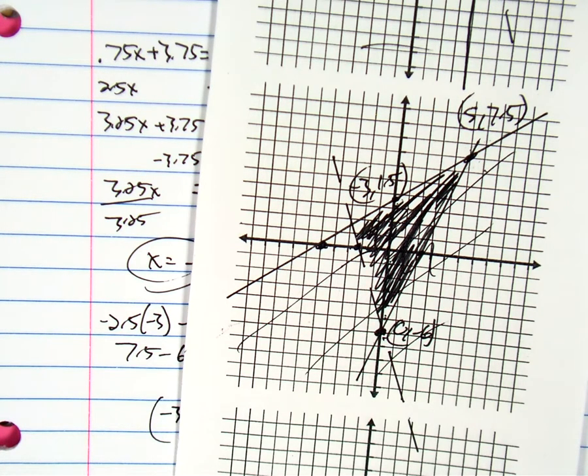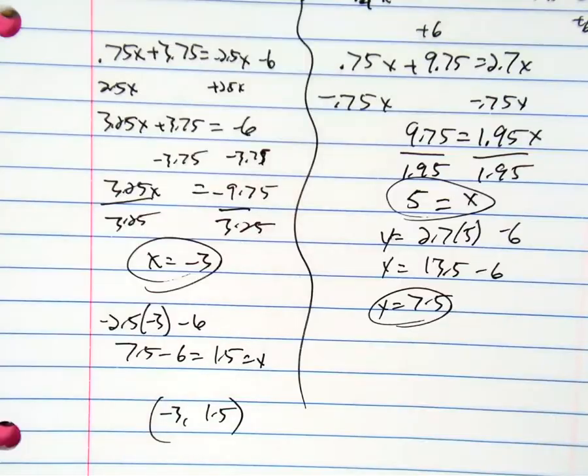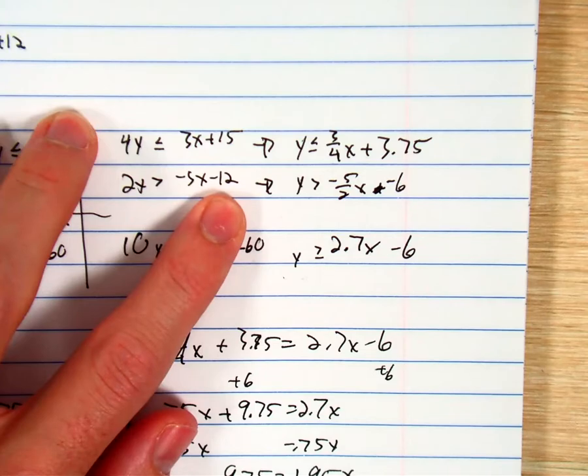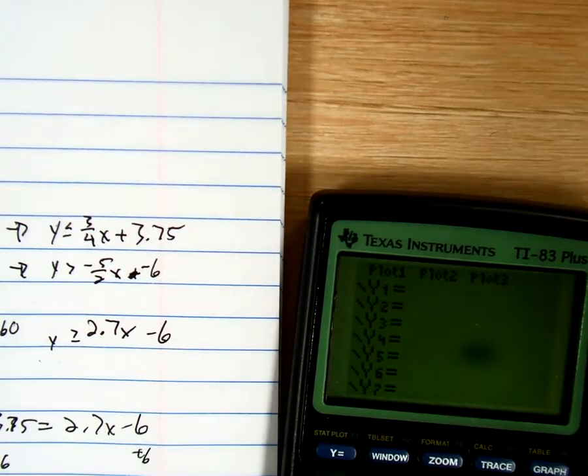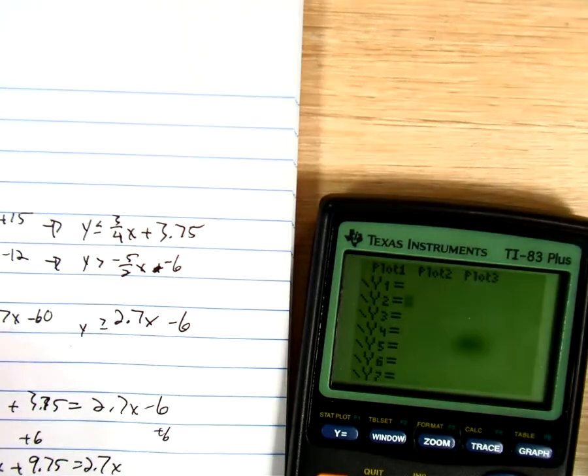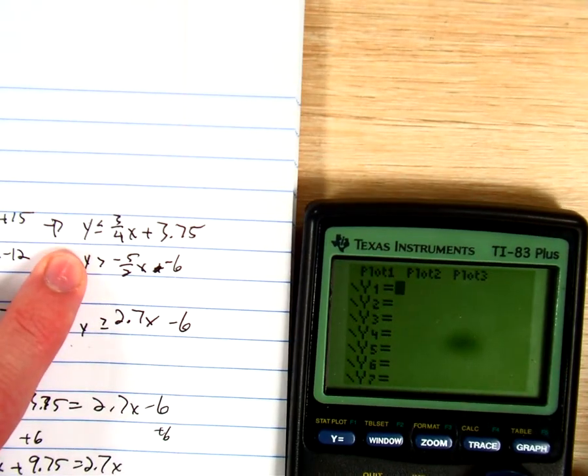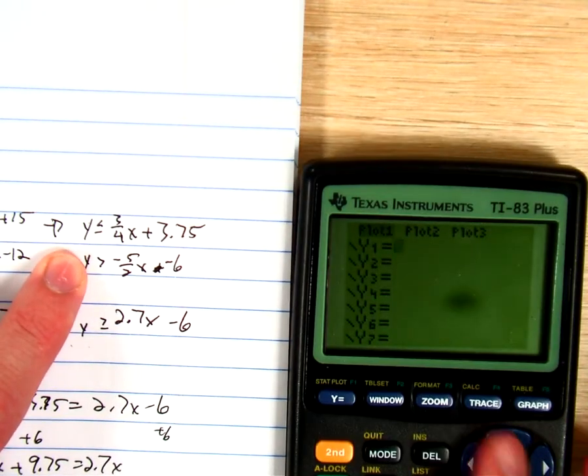Now, how about a little shortcut? How about if we use our graphing calculator? Okay? So if you get them all in the y equals form, you type all those into your calculator. I suppose we can see them right here, can't we? Okay, so I'm going to clear these all out.